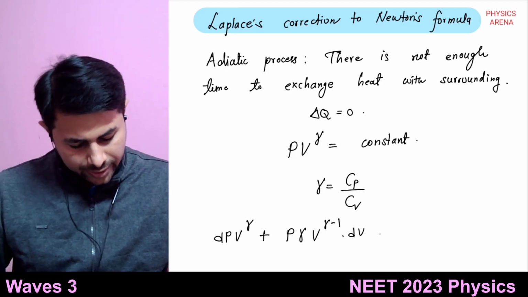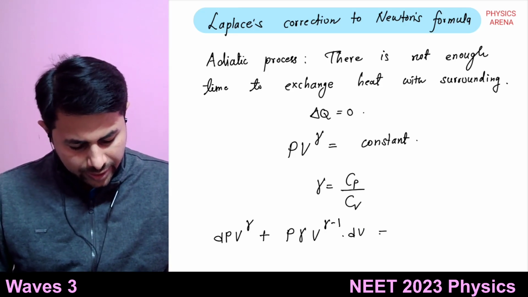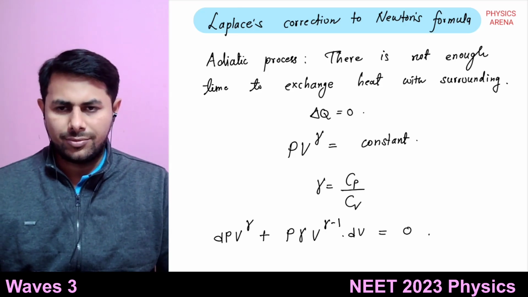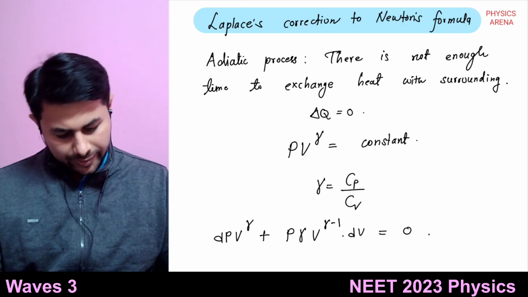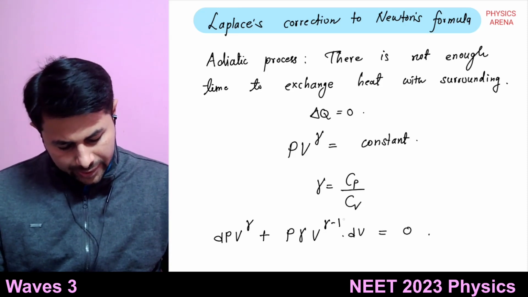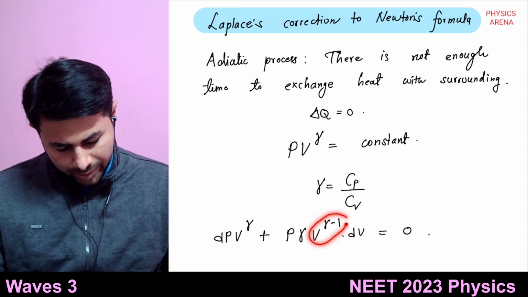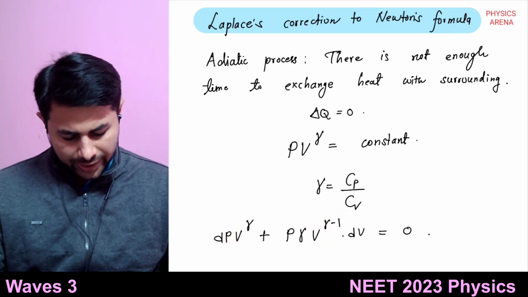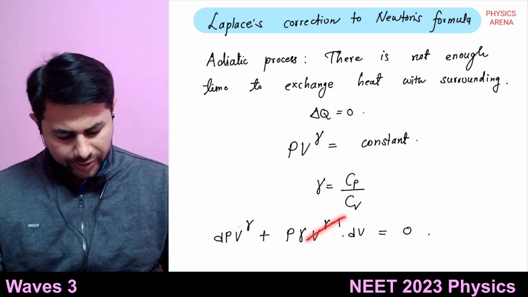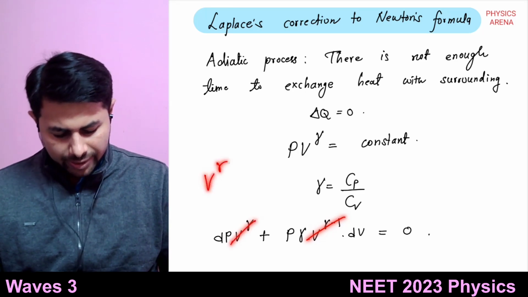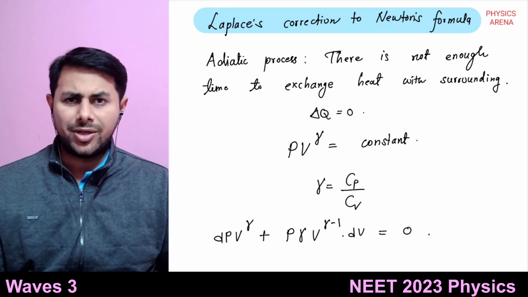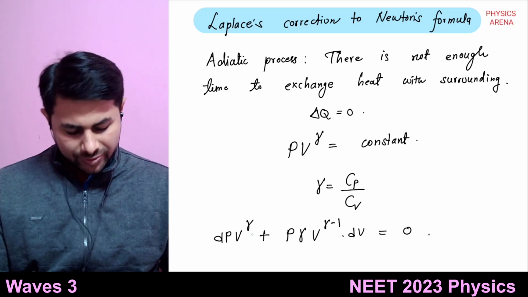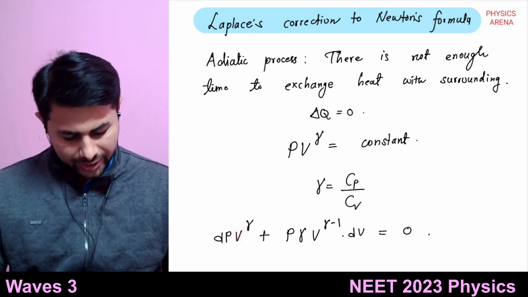On the right hand side you have a constant, so this is equal to 0. Then you can take V raised to gamma minus 1 common. If you divide by V raised to gamma minus 1, V raised to gamma can be written as V raised to 1 multiplied by V raised to gamma minus 1, so if you cancel out V raised to gamma minus 1, a V will remain.